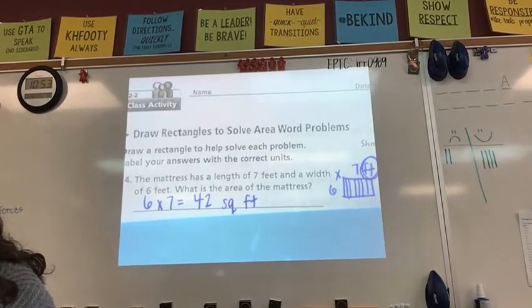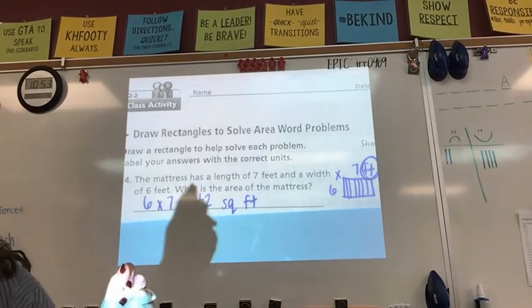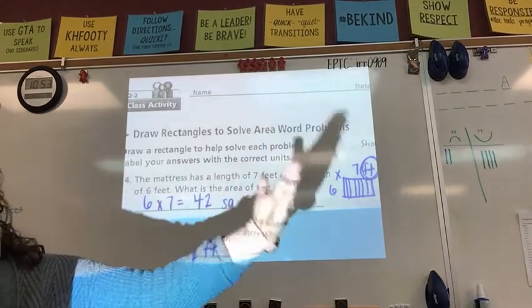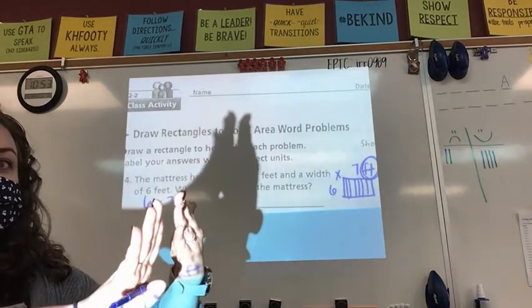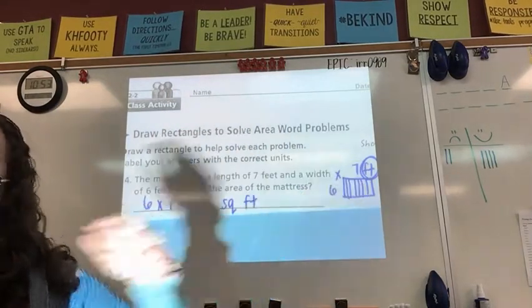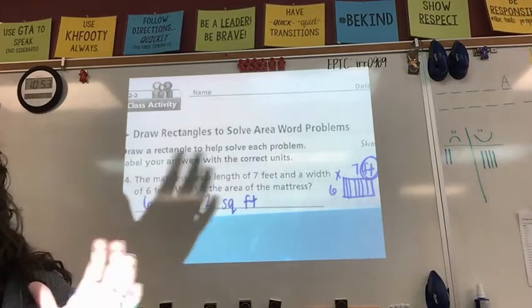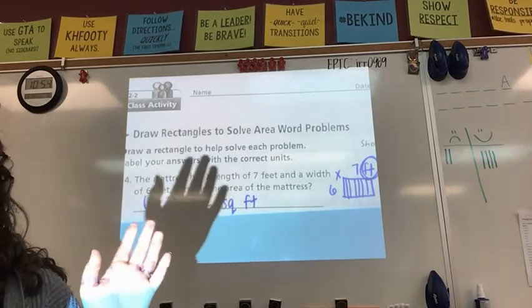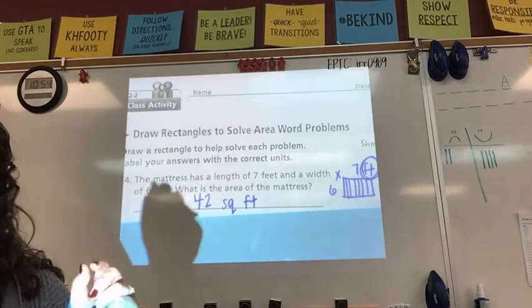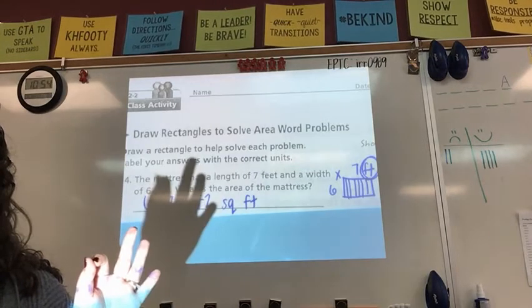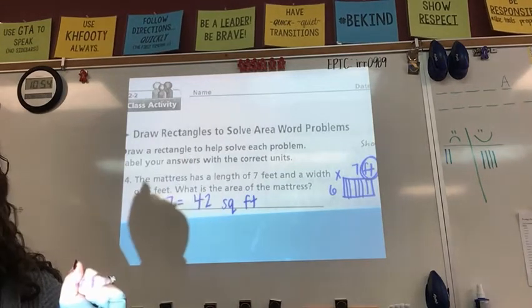Do you see how I did that? Since we were measuring in feet, instead of just square units, it's specific now. Units can be like this big, or this big, or this big, or miles. But when they give us a measurement, instead of saying square units, we say square, whatever type of unit we're measuring in. Capiche?